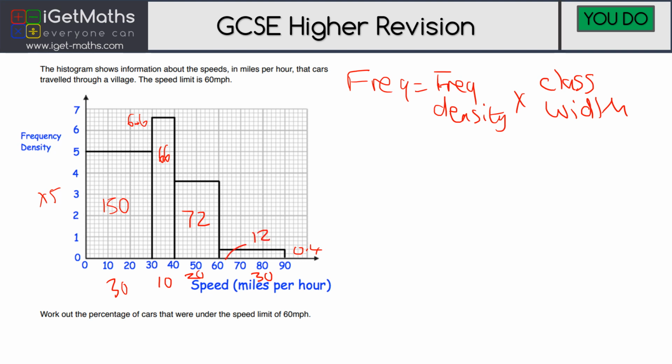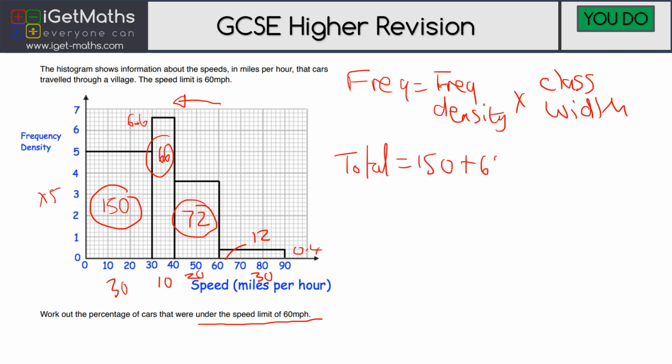And this time we're not looking for over, we're looking for under, so under the speed limit of 60. So we want everything that is under there. That gives you 150, 66, and 72. So first of all, our total is 150 plus 66 plus 72 plus 12.